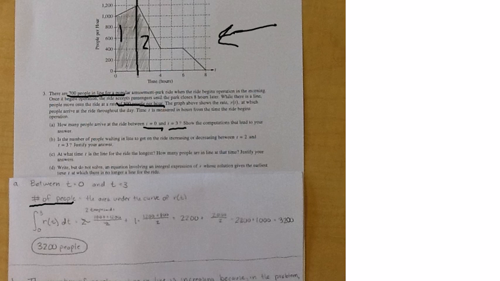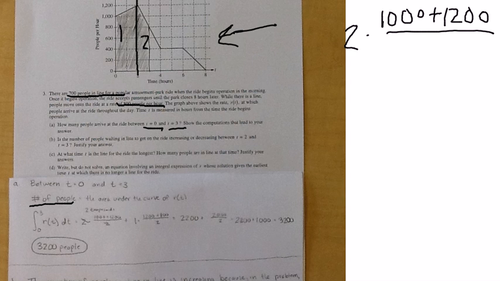So for trapezoid 1, you have to find the area. So it's 2 times 1,000 plus 1,200 all over 2. So the 2's cancel out, and basically you get 2,200.